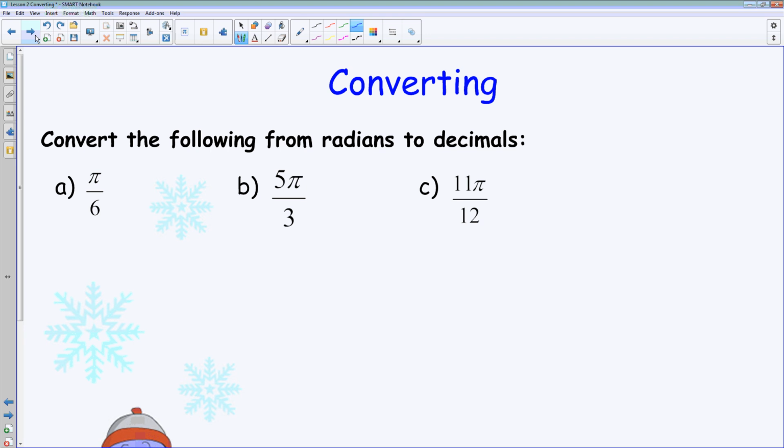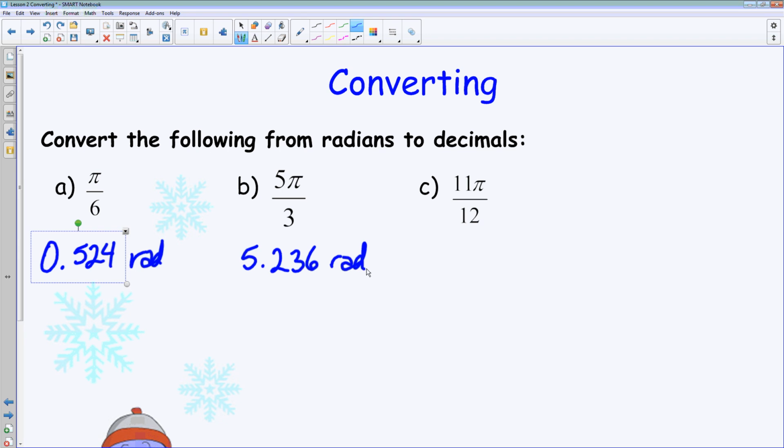So if you punch into your calculator pi divided by 6 and round to the nearest 3 decimal places, you should get 0.524 radians. But we're going to just use RAD for radians. For 5 pi over 3, when you punch that into your calculator, you're going to get 5.236 radians.